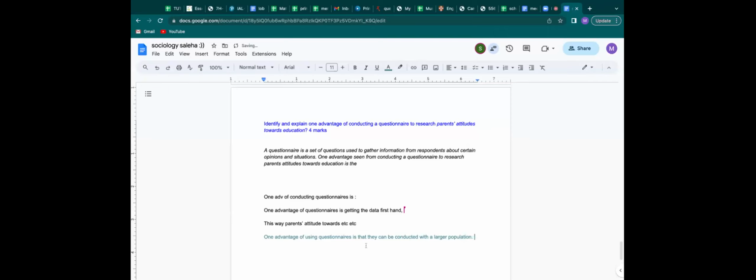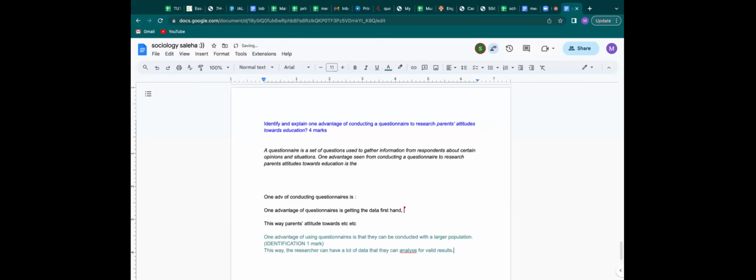This is the identification part of the question, which will get me 1 mark. Then I will go ahead: this way, the researcher can have a lot of data that they can analyze for valid results.